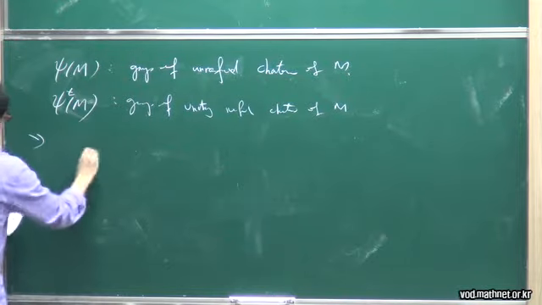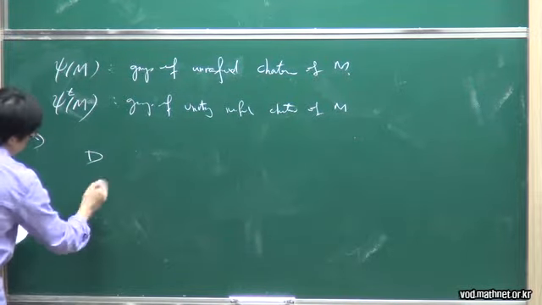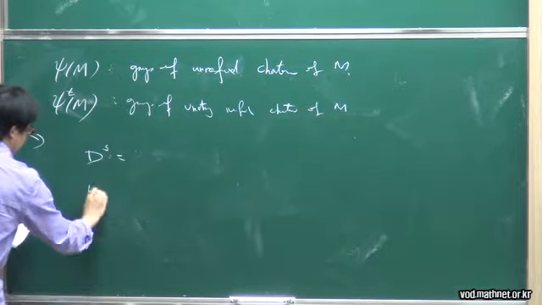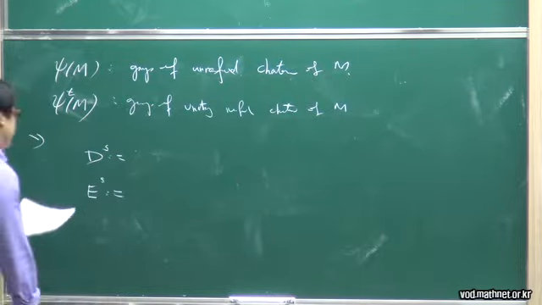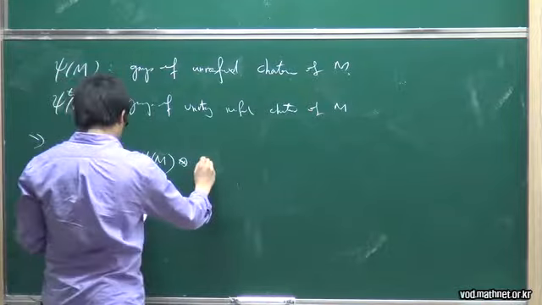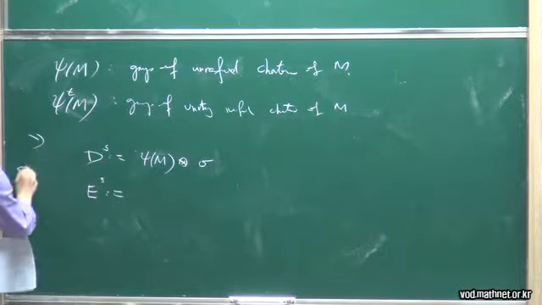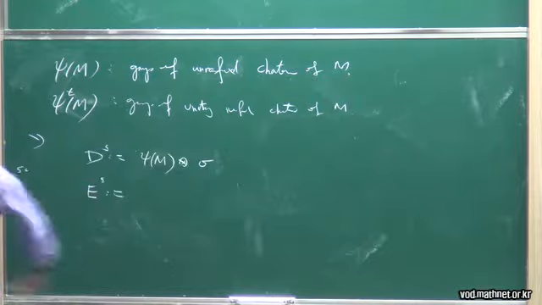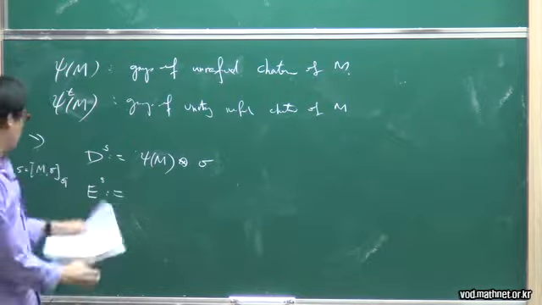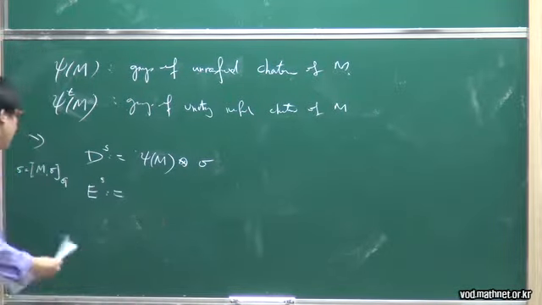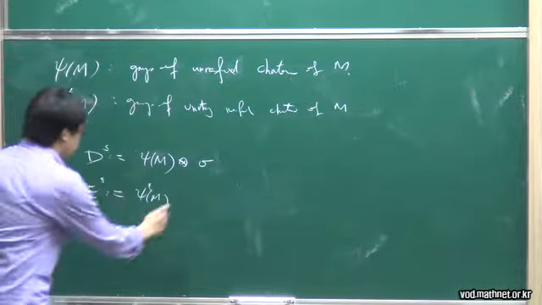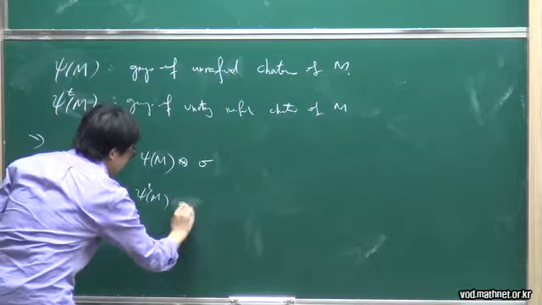From this, we construct two geometric objects we call Ds and Es. The Ds is the tensor product of the group with sigma. Here, x stands for the cuspidal pair. So we have the ingredient sigma, and this tensored with the unitary one, we have the two objects.